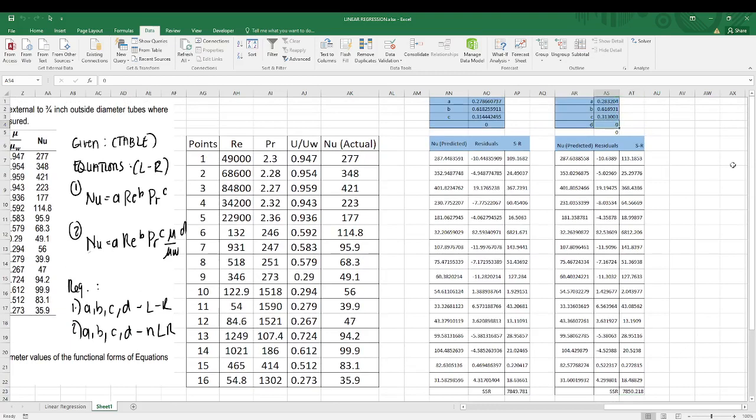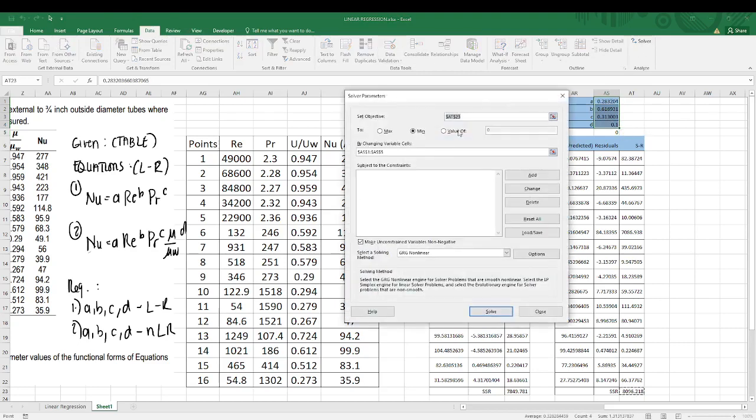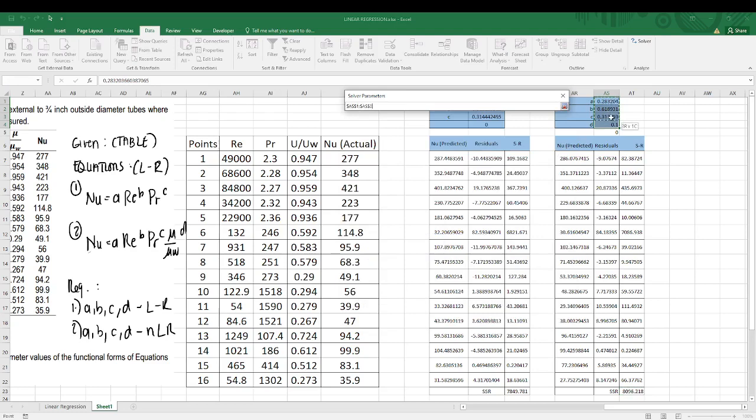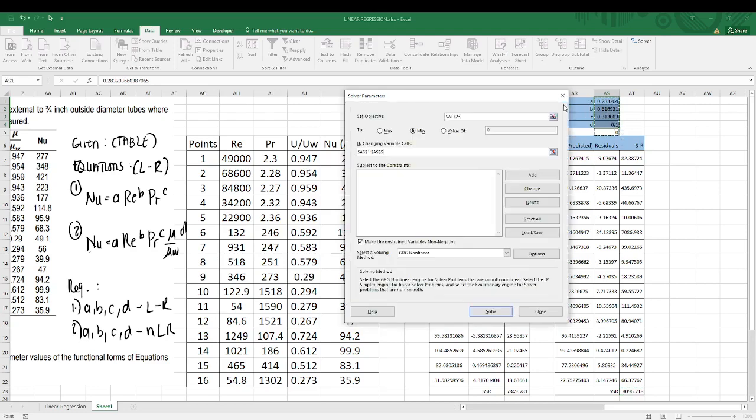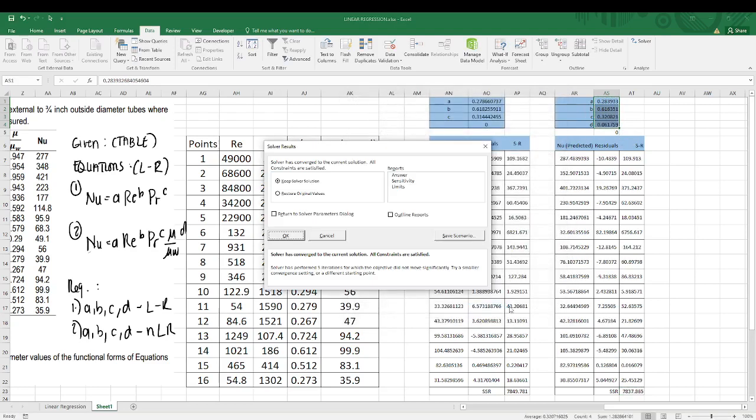So, what if we set this one to 0.1? Then apply the solver method to set the minimum by changing this one, and solve.